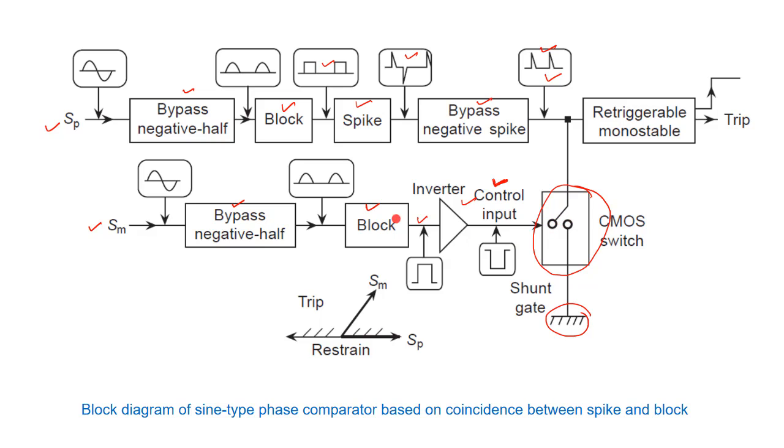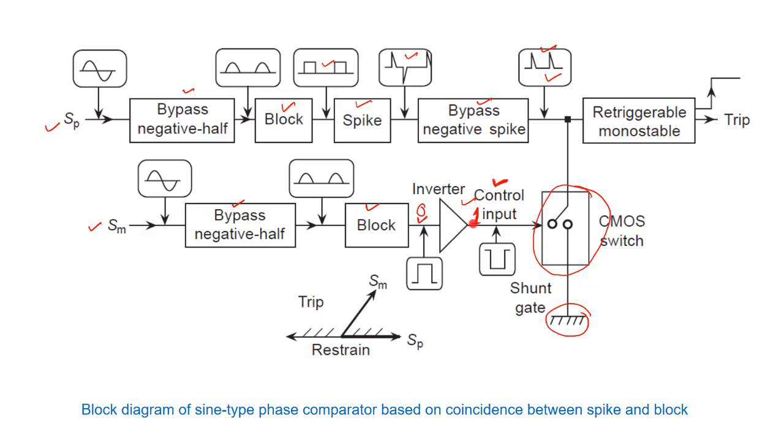Under that condition your Sm block output is 0. Now it will be inverted, meaning it will become 1, so it will give a positive signal to the CMOS switch.